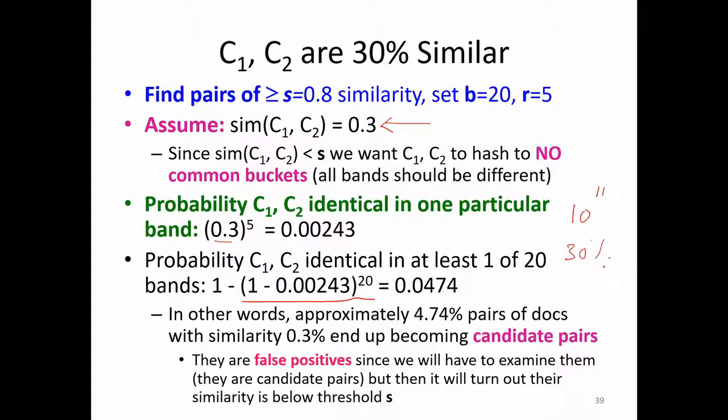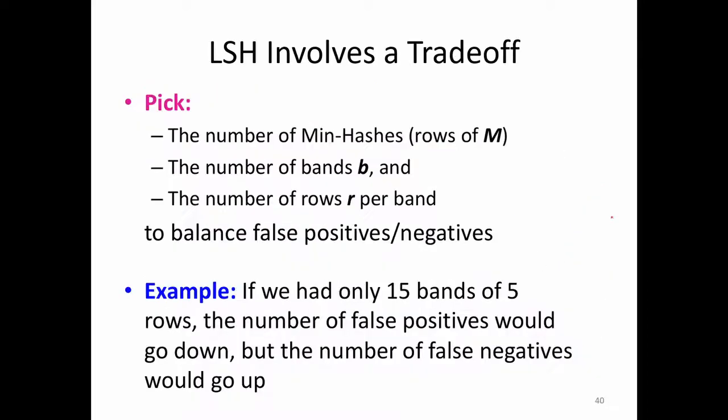Still I have to consider about 5% of all pairs, I have to compute their similarity, because they are now candidate pairs. Yeah, so that is the idea.